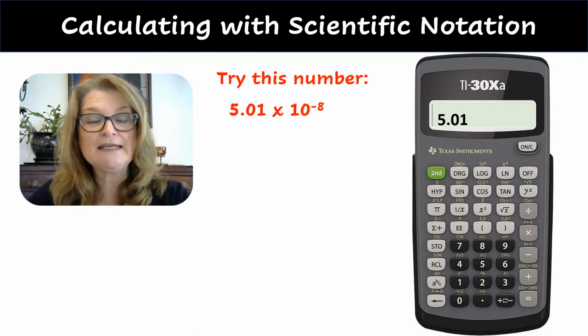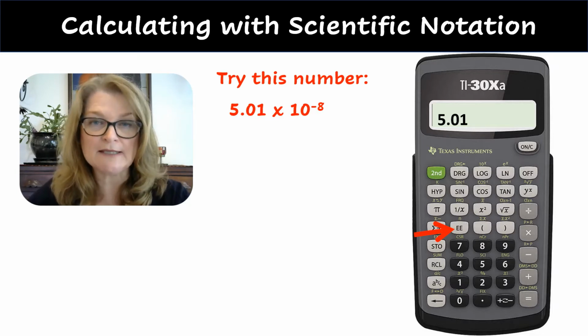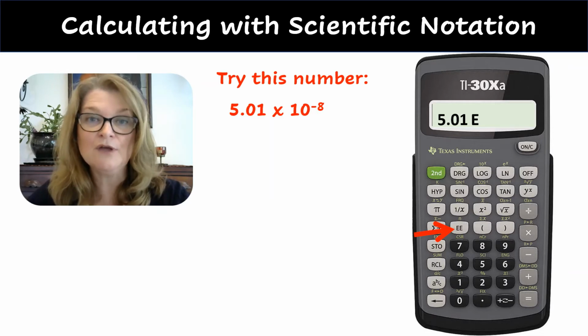So you're either going to hit the EE button if that's what's on your calculator, or the EXP button, or the times 10 to the X or times 10 to the N. In every case, that button is telling the calculator times 10. So by pressing that button once, we've told the calculator times 10. Now we need to add the exponent.